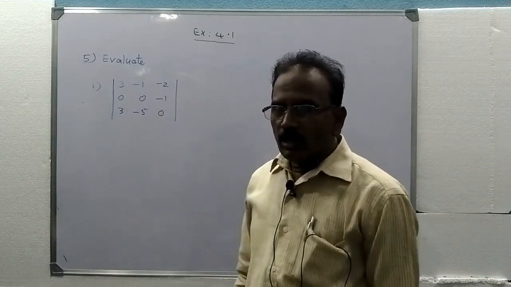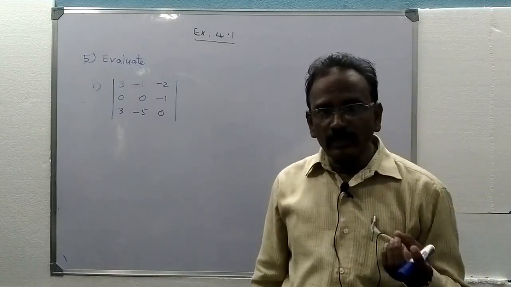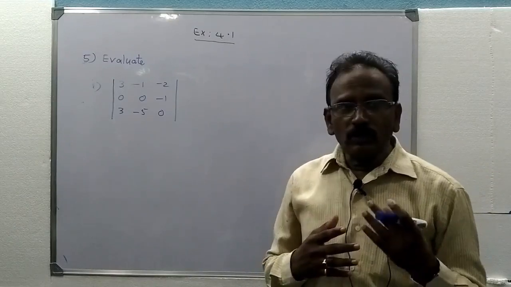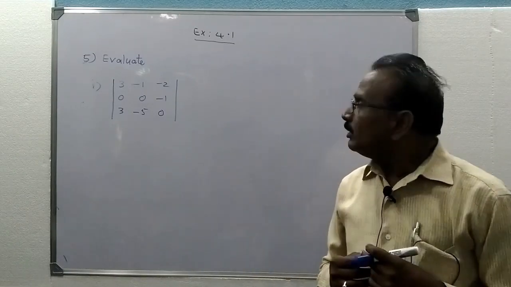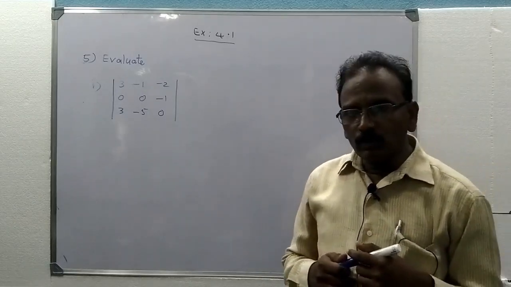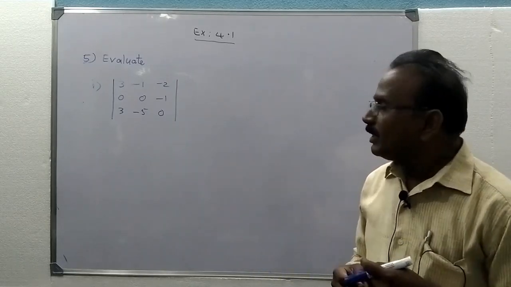Already you know how to find the determinant of a third order matrix. So we can expand a third order determinant in 6 ways: along row 1, R2, R3, or along C1, C2, C3.